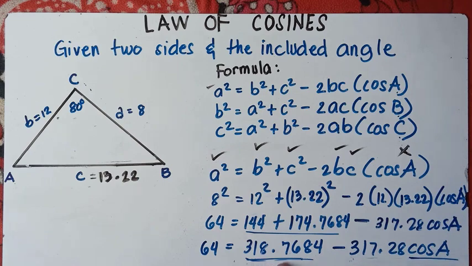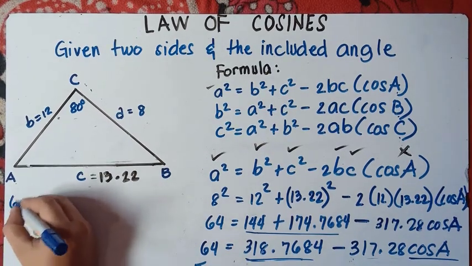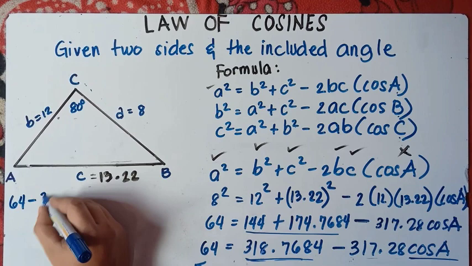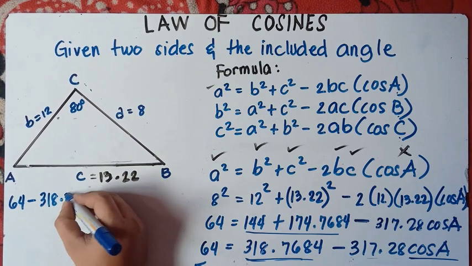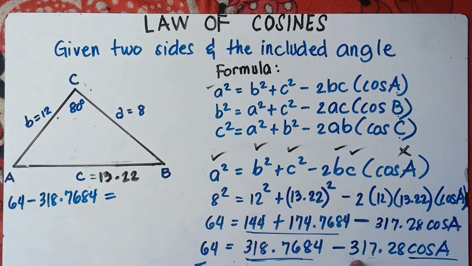So just simply transpose this 318 from right to left. So it will be 64 minus 318.7684 equals, just copy this one.